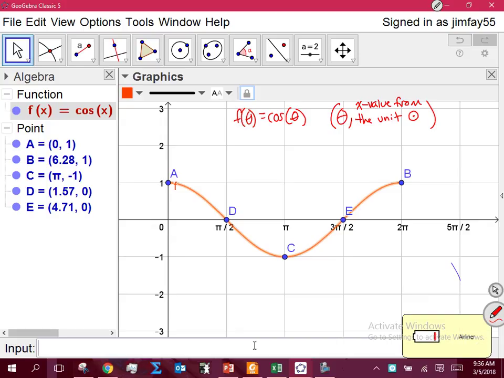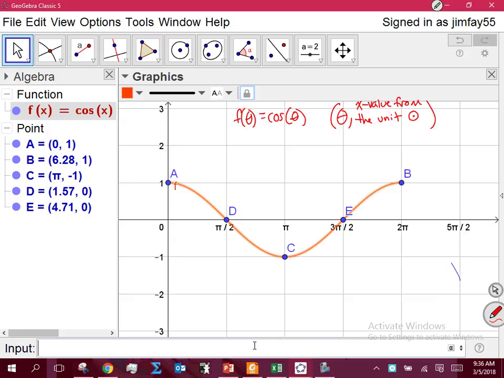I might say, graph y equals cosine of x for x being between 0 and 2 pi. And that's what we got right here. Or I might say for x being between negative 2 pi and positive 2 pi. Okay, so then I have to cut and paste this once to the left-hand side of the y-axis, right? So that's something we can do.